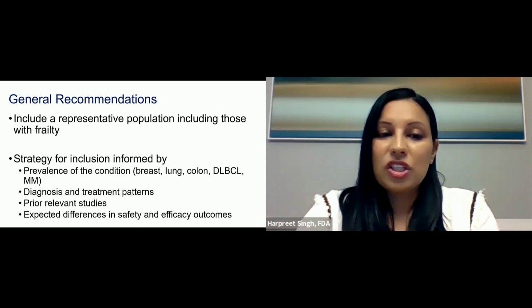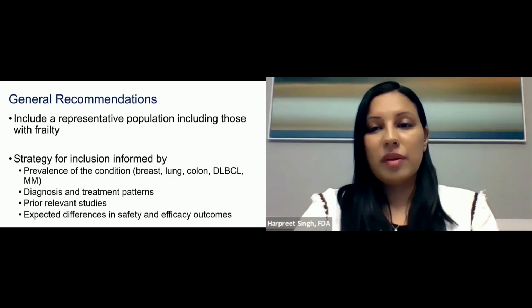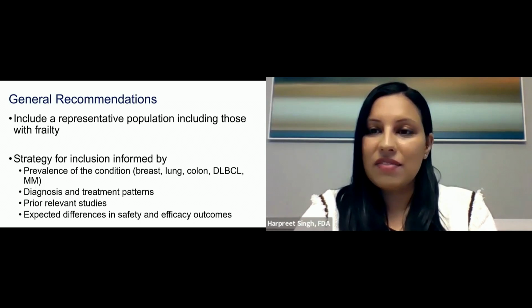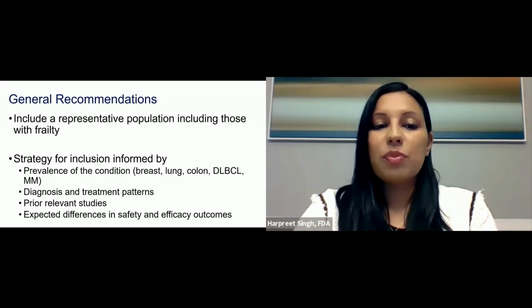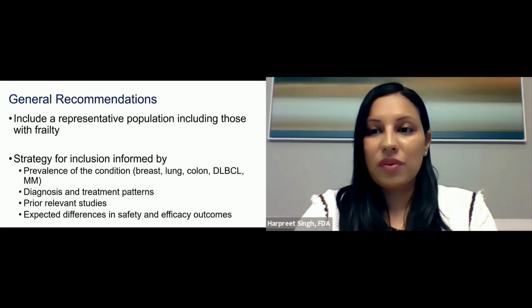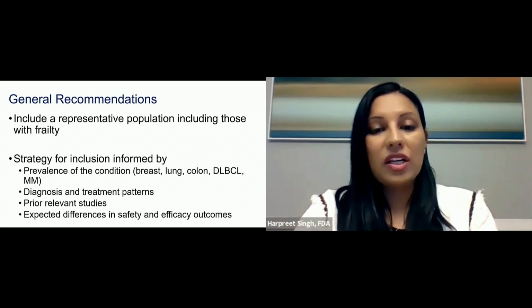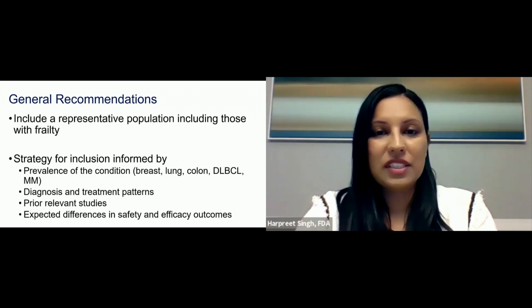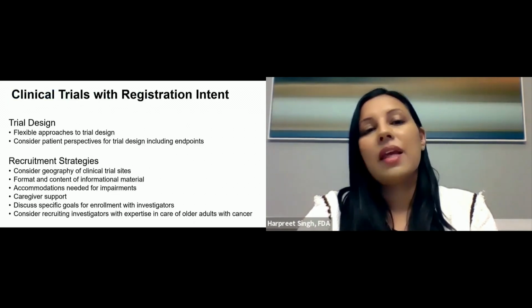Sponsors and investigators should also look at diagnosis and treatment patterns, prior and relevant studies, and expected differences in safety and efficacy outcomes. This points back to enrolling an adequate representation of older adults in early phase clinical trials to determine if there are any expected differences in safety and efficacy.